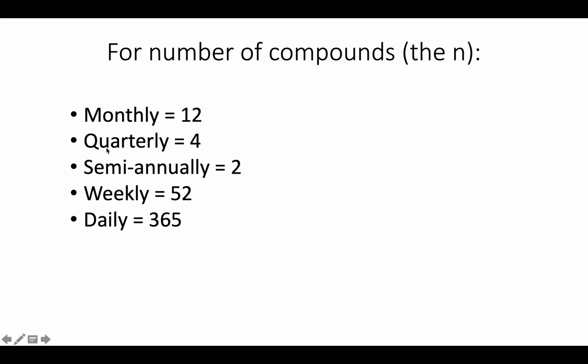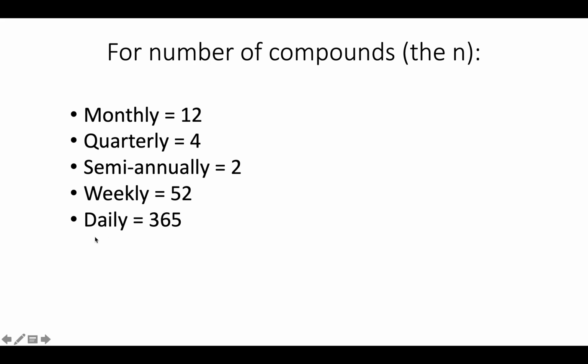12. If I tell you something's compounded quarterly, N is 4 because there are 4 quarters. If it's compounded semi-annually, semi means 2, so your N is going to be equal to 2. If it's compounded weekly, your N is going to be equal to 52 because there are 52 weeks in a year.